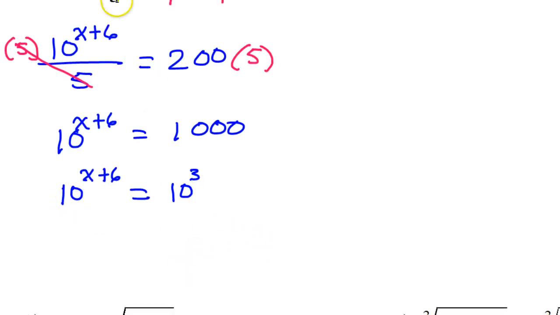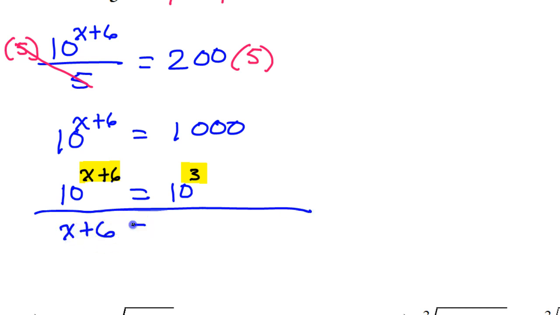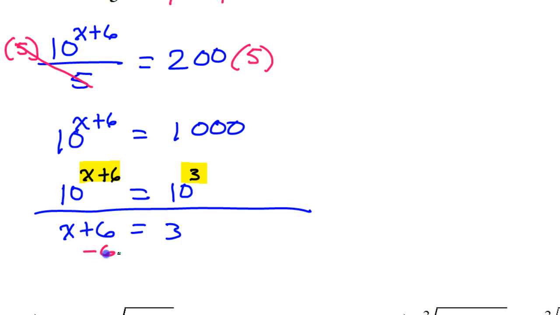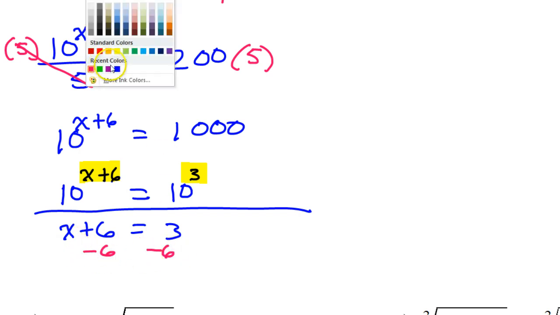If the bases are the same, then the exponents must be equal. So that means logic tells us that x plus 6 must equal the 3. So subtracting 6 from both sides gives us x equals -3.